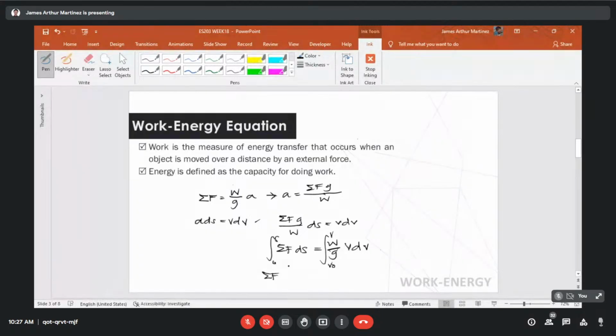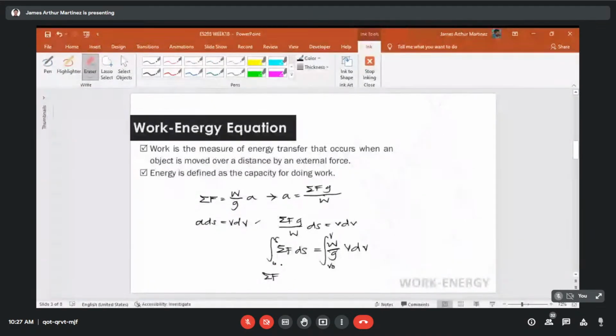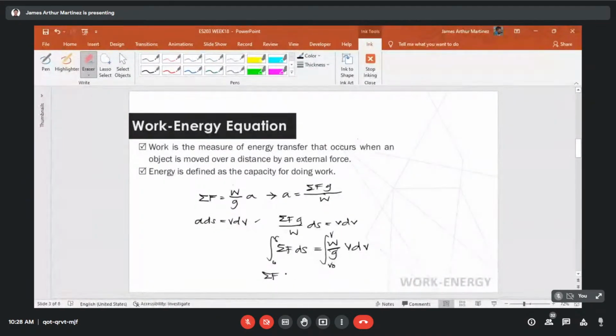Okay. So as a continuation, what will happen is summation of forces times the integral of ds, from lower limit to upper limit. I will just evaluate this directly so the solution does not get too long. So the integral of ds is just s, right?